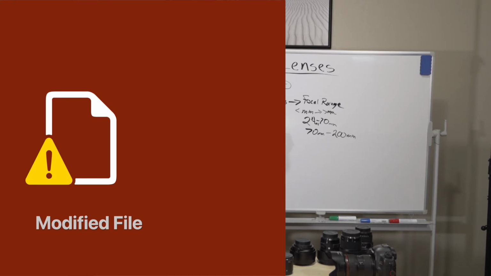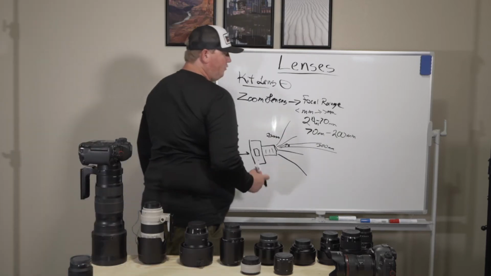If we're looking at, say, a 20 millimeter lens, we're going to be shooting very, very wide. But if we go a little bit narrower, we're looking at maybe 70. And if we're looking even narrower than that, maybe we're at 300 millimeters. So that's how wide of an angle to a telephoto to a more narrow view. This is like your viewing angle.